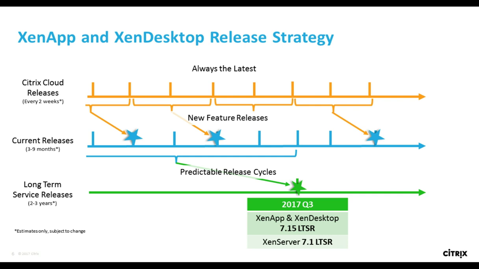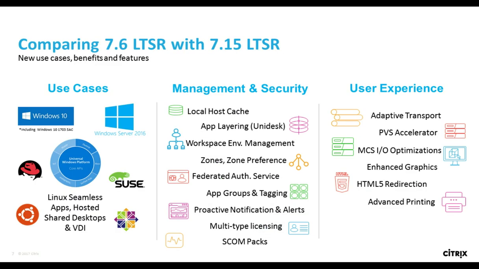Now, an extremely important message from Citrix on LTSR 7.15 is in regards to the supportability of XenServer. The fact that Citrix is fully committed to support the 7.1 LTSR version of XenServer is an attestation that we're looking at XenServer as a critical piece of our strategy.